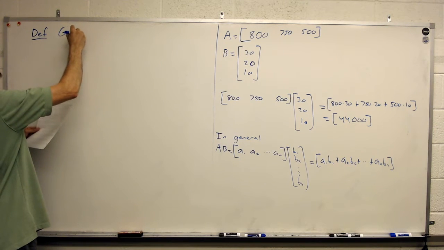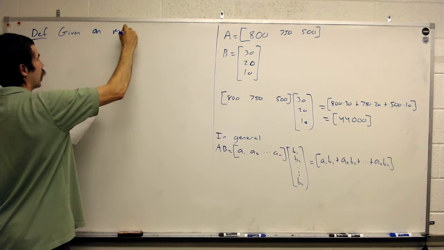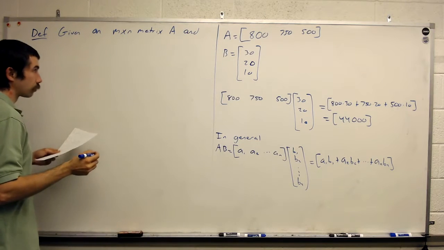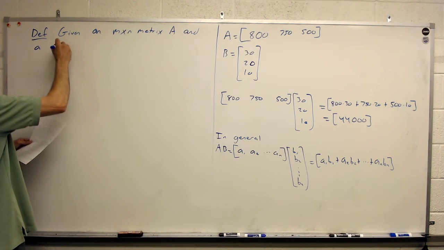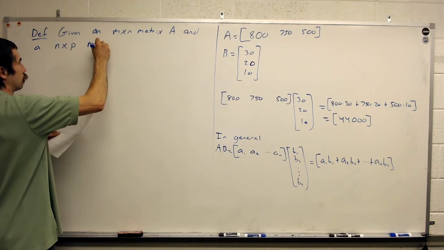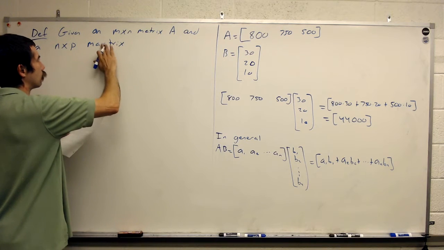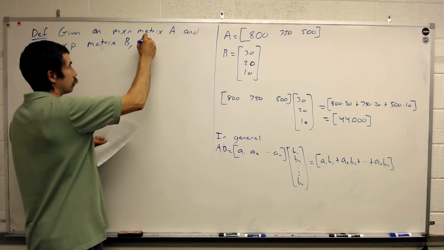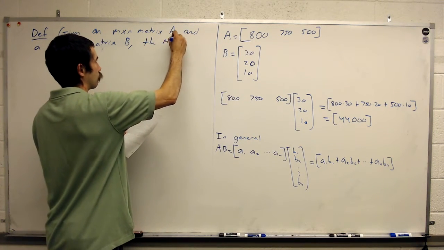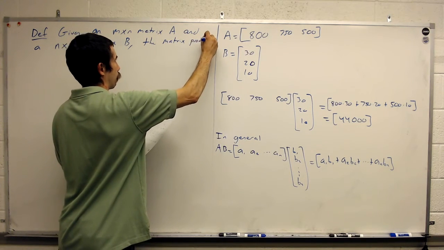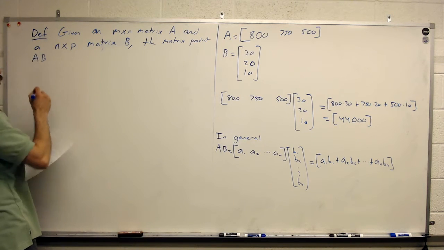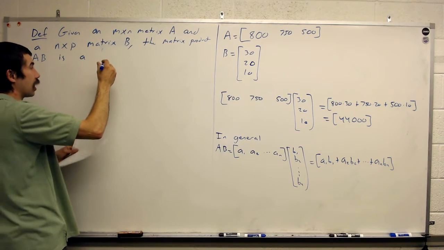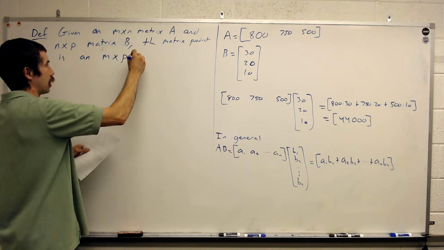Given an M by N matrix A, and an N by P matrix B, the product A times B is an M by P matrix.